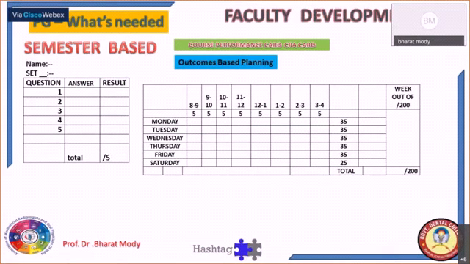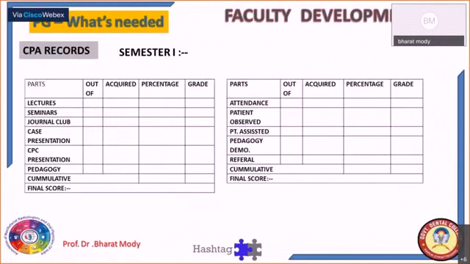Then you enter all his marks according to every hour, because the cumulative grade point average is calculated according to credit hours. If there is an 8-hour college, that means 8 credit hours per day, and for every hour you have to give marks. Now, what lectures, what seminars, what journal. This is the CPA card for PG. I have also done it for the UG, but I am not going to present it because of time constraints.